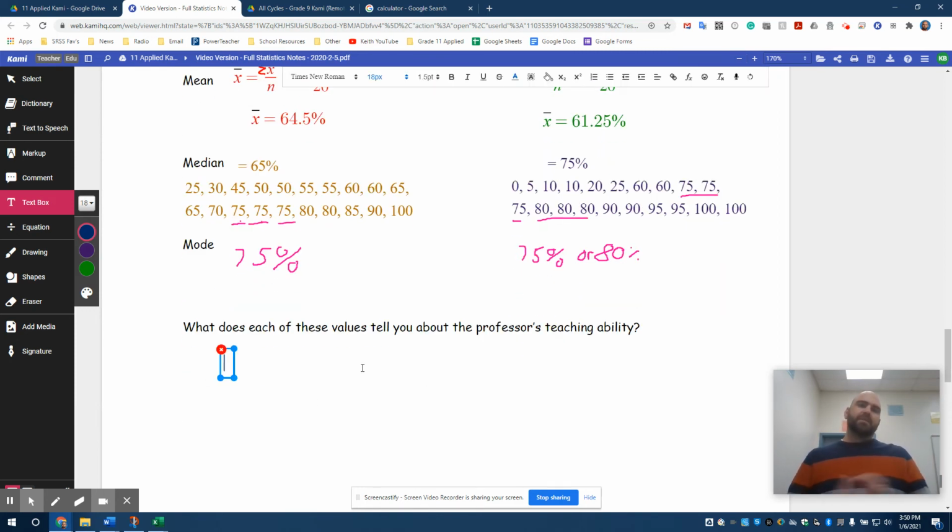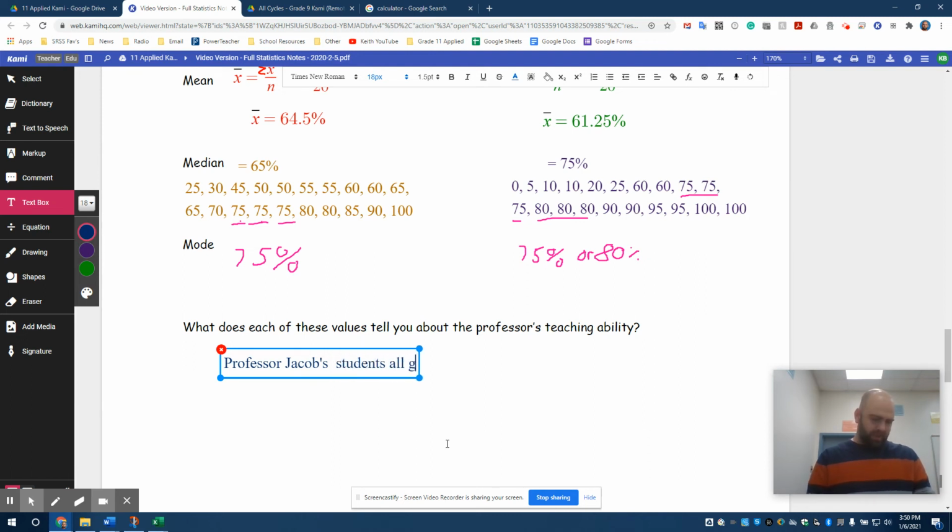All right, what does this tell us about each professor's teaching ability? Well, the way that I'm going to look at it here, Professor Jacobs' students all get around the same mark.